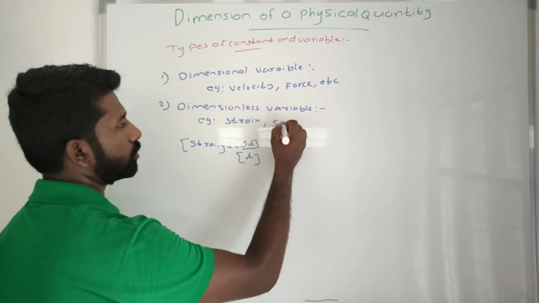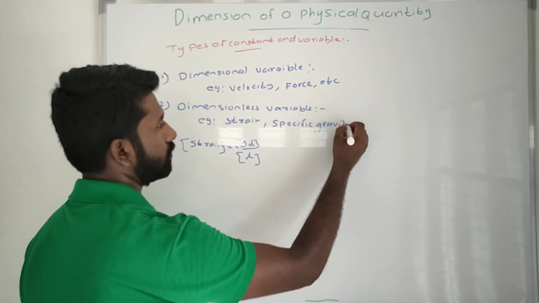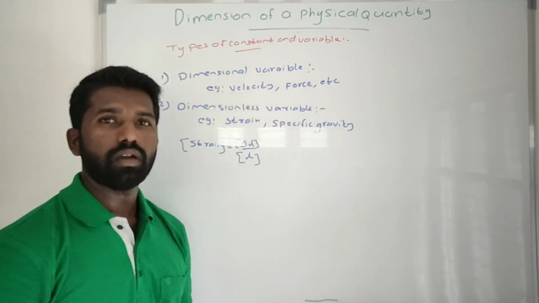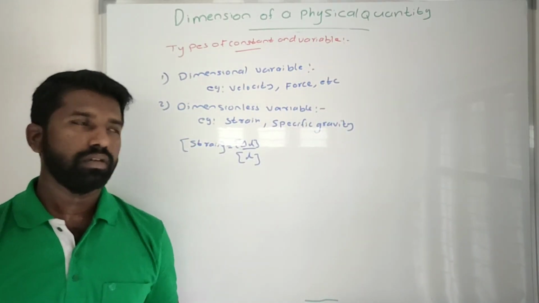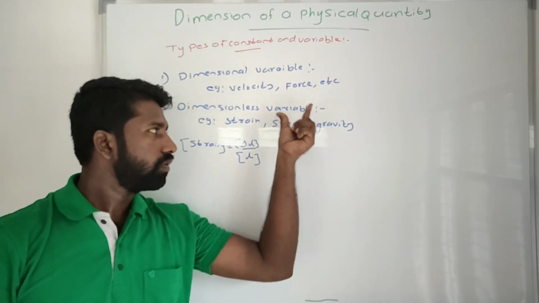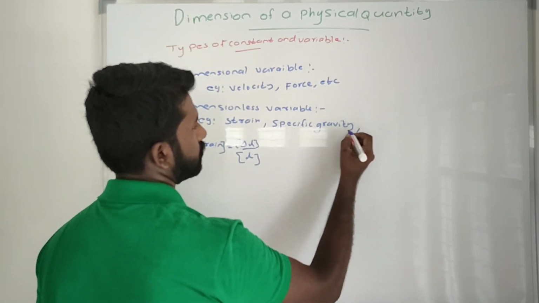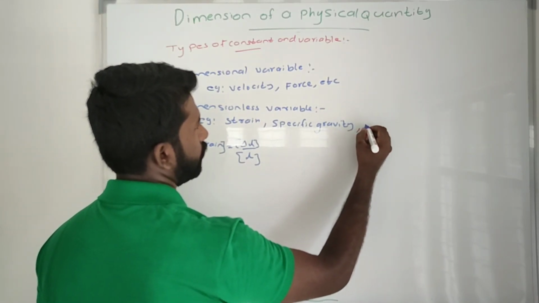Next, specific gravity, that means relative density. So this is also no dimension. Next, refractive index of a medium.